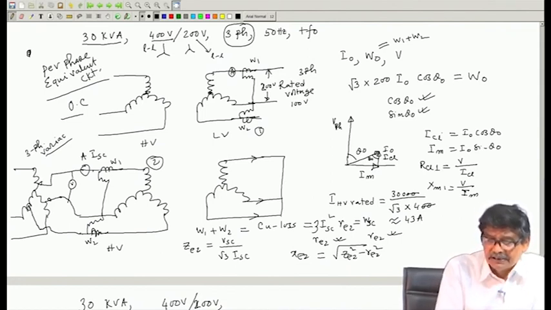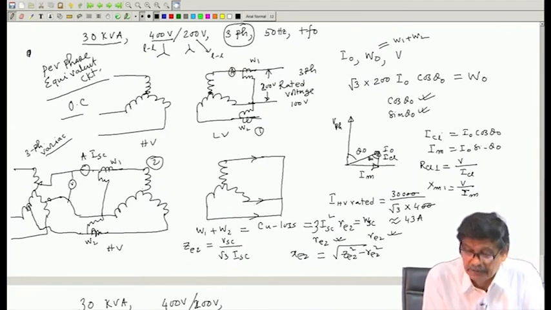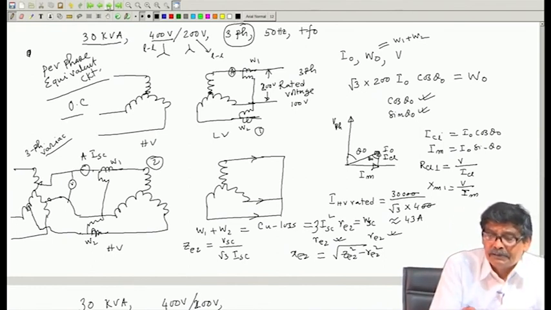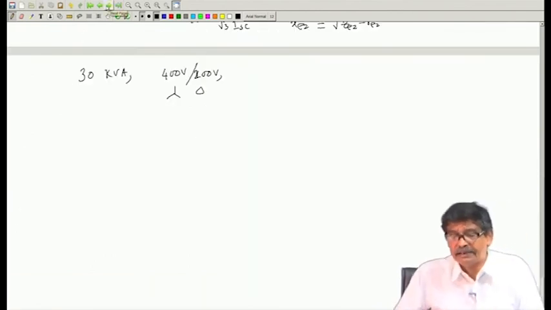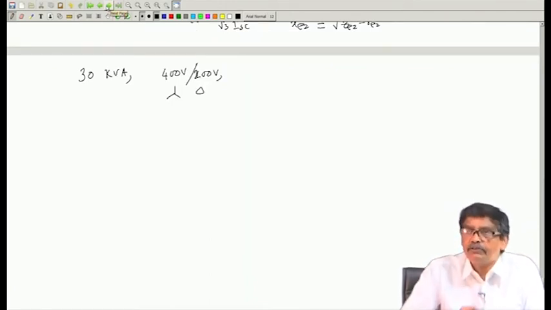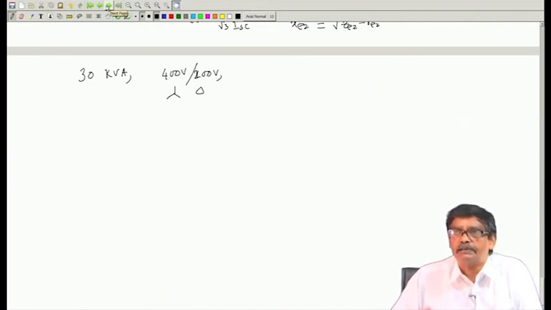We have connected everything in line, ammeter, line to line voltage I measured. I never asked where the neutral is. Got the point? So, one way of looking at the thing is to carry out the test in the same way as you have done, and imagine as if it is star connected, and tell that per phase equivalent circuit.